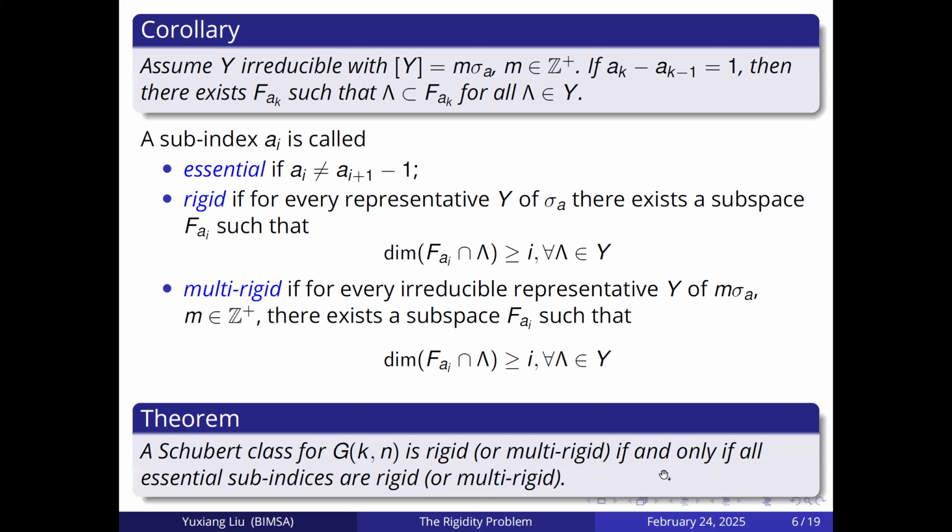And conversely, if all essential subindices are rigid or multi-rigid, then we have a set of subspaces corresponding to the essential subindices.